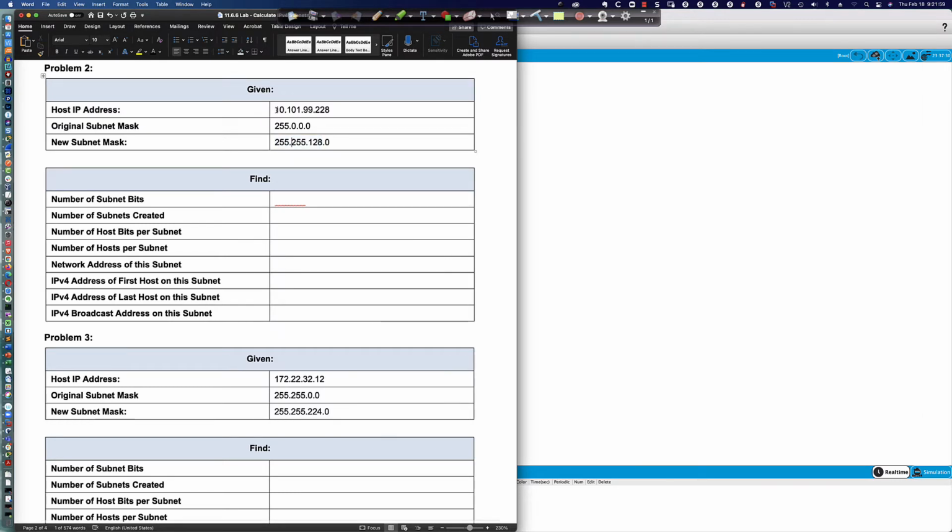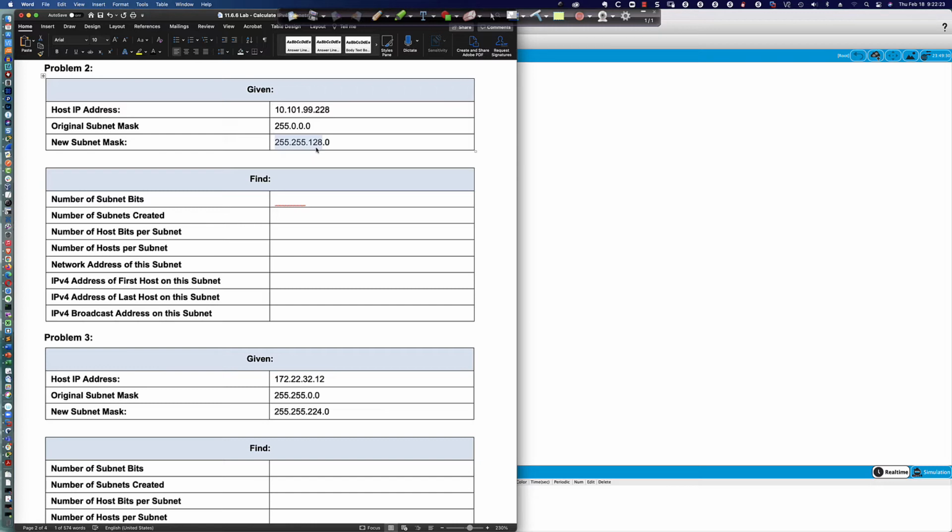Now we're dealing with a Class A address with the default subnet mask of 255.0.0.0, which has now been subnetted out to a /17. And so now we're going to be going into some unfamiliar territory in terms of having to come up with all of these values.